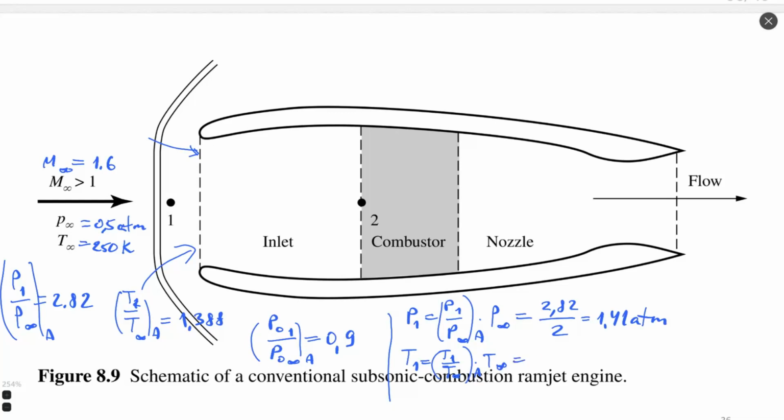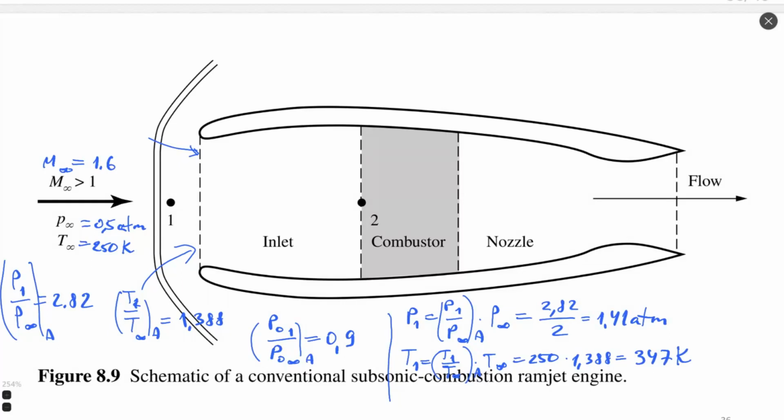So 250 is my temperature infinite, and then the ratio is 1.388. Just a moment, I will try to calculate fast. You know, sometimes when you try to calculate fast, you can make a lot of mistakes. So if you find some mistake in my calculation, please immediately let me know. I will try to correct if possible and explain better. It is 347 Kelvin. So at point 1 it is 347 Kelvin.